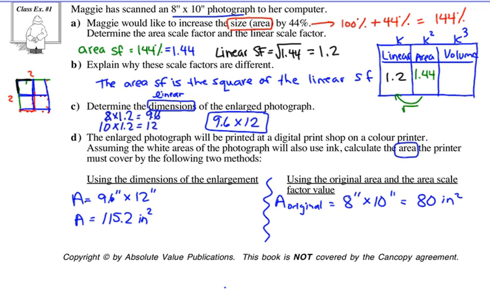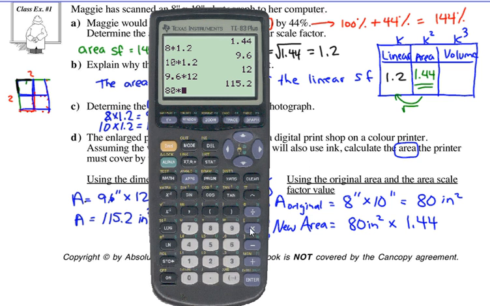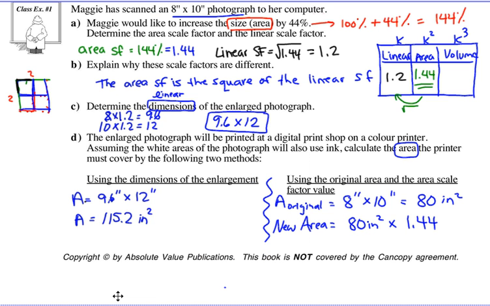So our new area we could get by taking our original area and multiplying it by our area scale factor. Because we're working with area units, we have to use the area scale factor of 1.44. So that means the area is 1.44 times larger. So 80 times 1.44 gives you 115.2. So it should be the same answer.